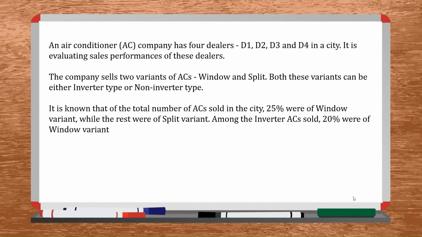We have two variants of AC, window and split, and both can be of either inverter type or non-inverter type. Also, 25% of the ACs are window and the rest are split. Of all the inverter ACs, 20% are of the window variant.